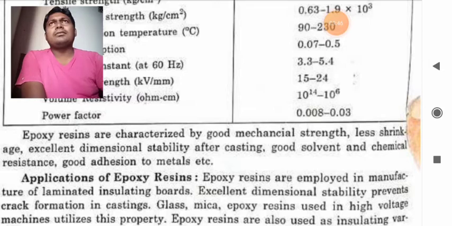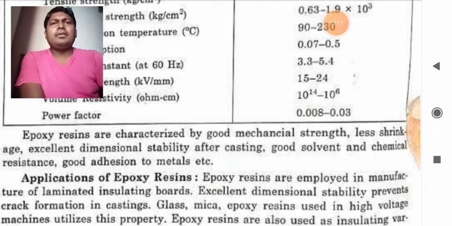That means their dimensions do not change after casting. They also have good solvent and chemical resistance, good adhesion to metals, etc. So they have good chemical properties also, and this is quite useful in the field of electrical engineering.